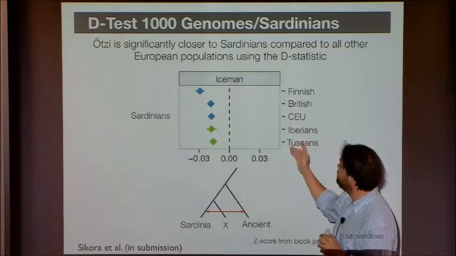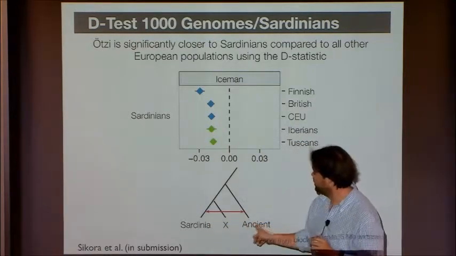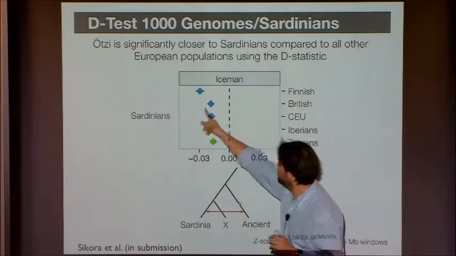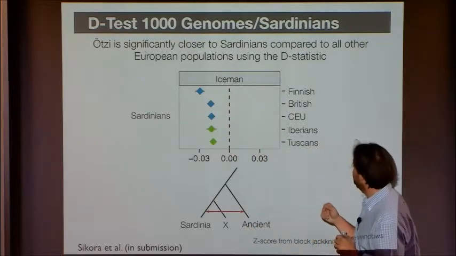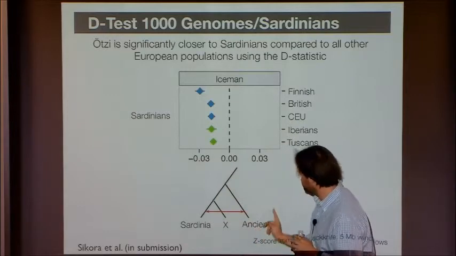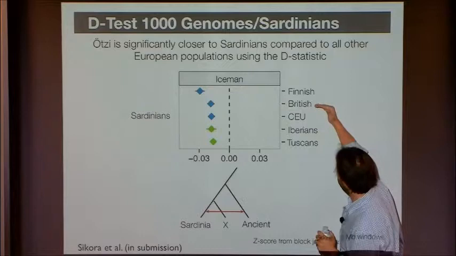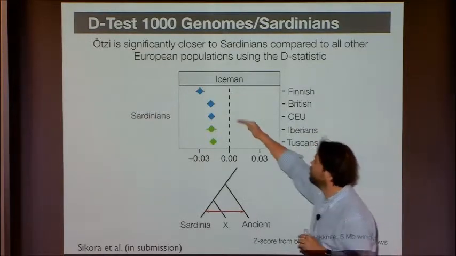There's strong evidence for more affinity between the Sardinian and the ancient genome than any one of these. In particular, the Finns cluster out, and there's a reason for that separately. But the takeaway is that the Iceman is closer to Sardinians than to Brits, CEU, Iberians, or Tuscans, and you can say that quite confidently.